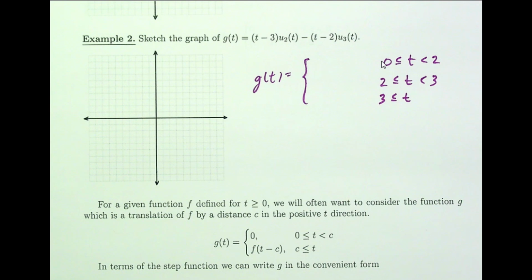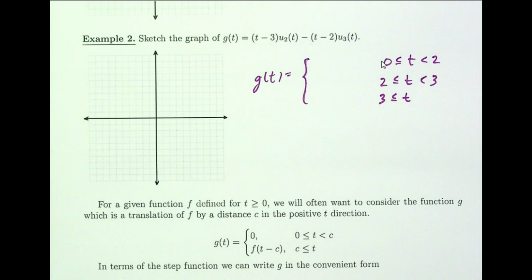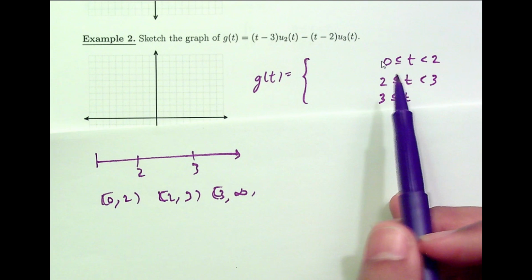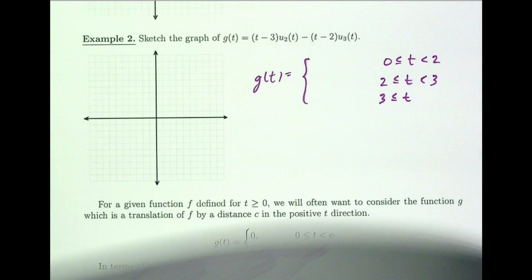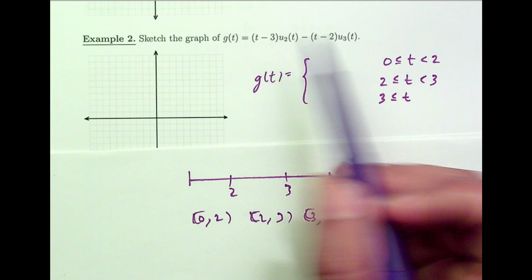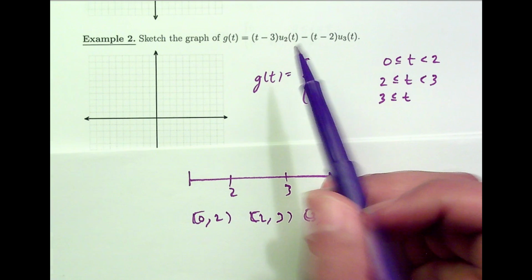Alright, so let's see what the values are. Now, we pick a number between 0 and 2. Between 0 and 2, the switches are going to be either on or off.